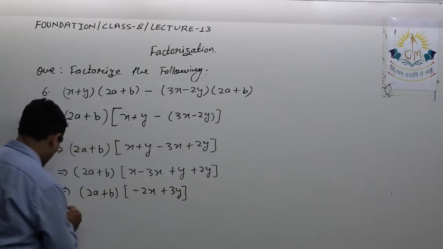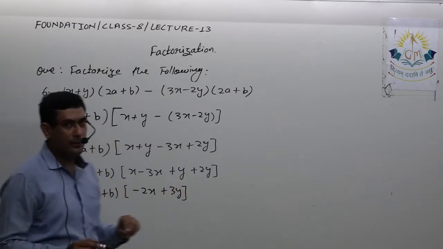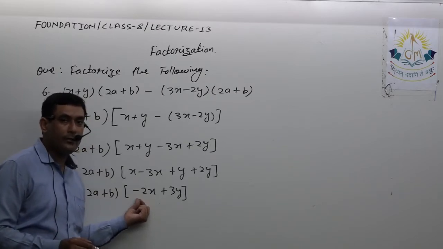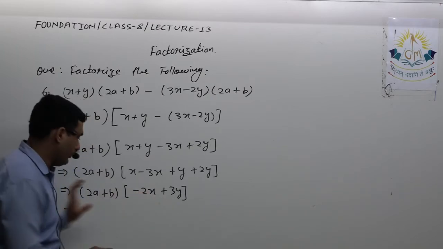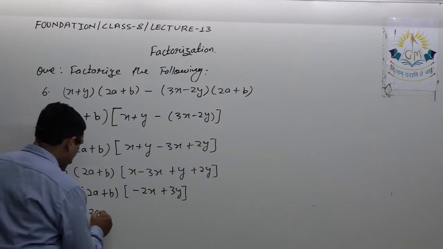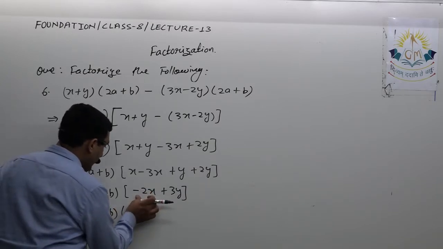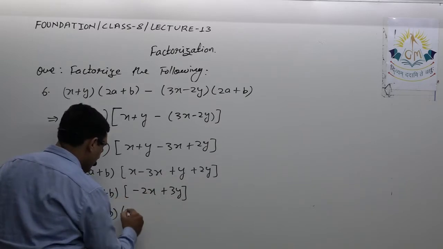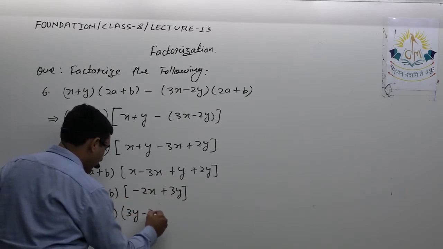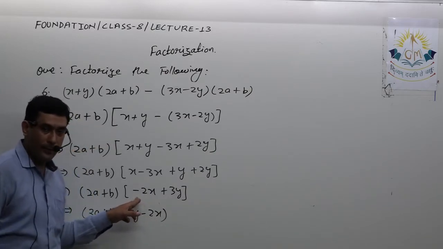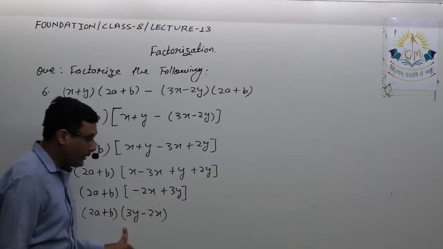So this is my final answer, but there is an unsaid rule that we always start a bracket in which the first term is positive. Okay, it's not compulsory, but I'll advise you to do this. Here the first term is negative, so I will interchange the terms. Here I write 3y, then minus 2x. Now, if you write it the other way, that is also absolutely correct, but this is more appropriate.